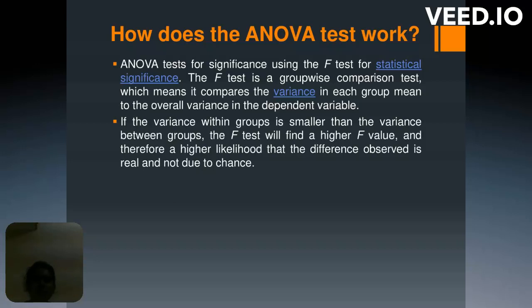If the variance within the groups is smaller than the variance between the groups, the F test will find a higher F value, and therefore a higher likelihood that the difference observed is real or not.